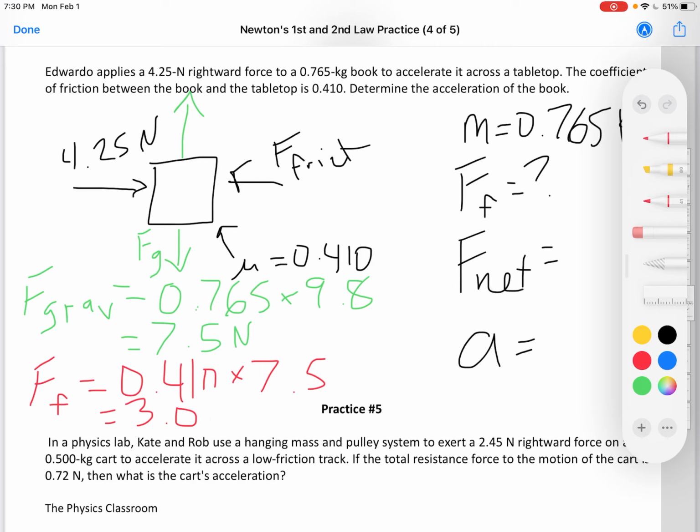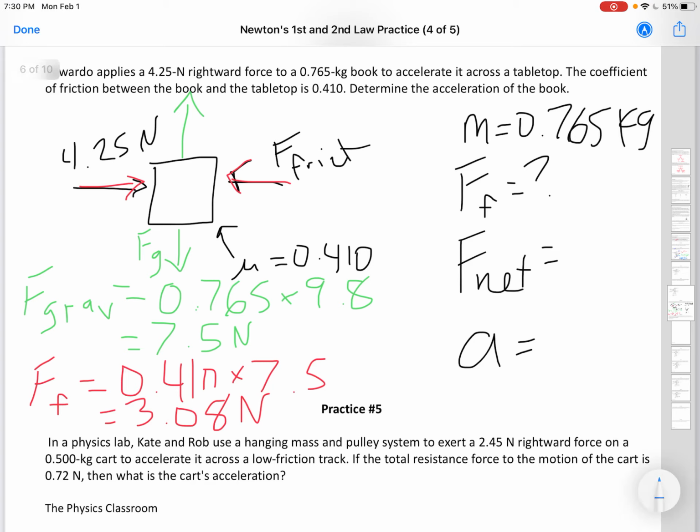Nope, I'm going to round that too because I don't want so many numbers. 3.08 newtons. Okay, so now we have our force of friction. That's the one that's going this direction, and it's pushing against our applied force. So what we need to do is subtract them to get our net force.